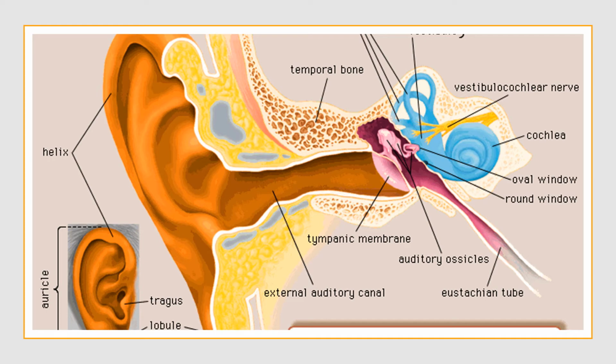It also has the eustachian tube that goes to your throat, which allows the middle ear to be aerated. And then that goes to the inner ear, which is involved in balance, which is the vestibular system. And the cochlea is, of course, involved in hearing. And they combine together to form the 8th cranial nerve that goes to the brain. Okay?